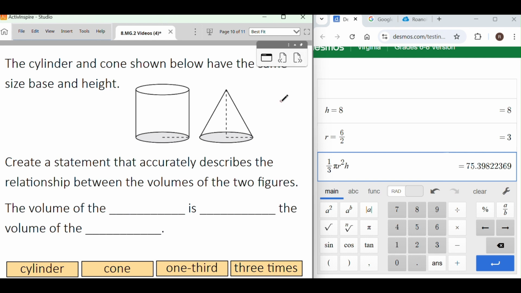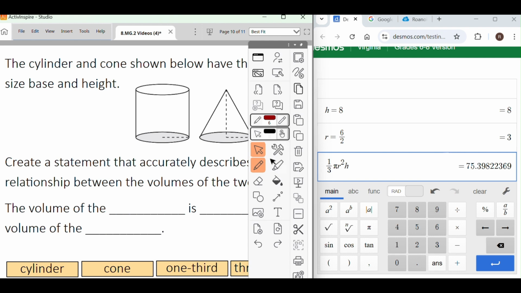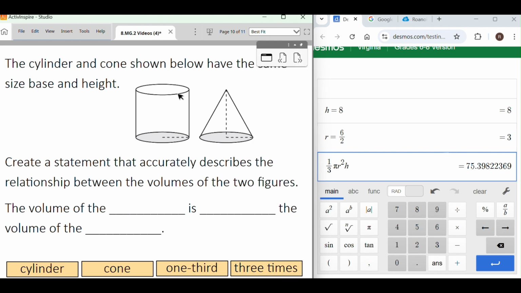It says the cylinder and the cone shown below have the same size base and height. All right, so let's just look at them first. This cylinder is definitely going to have more space in it than this cone.